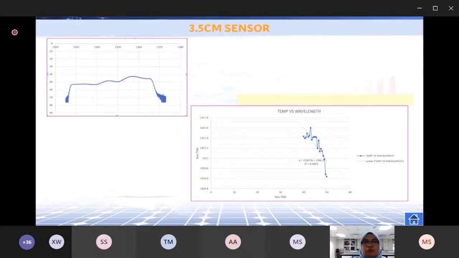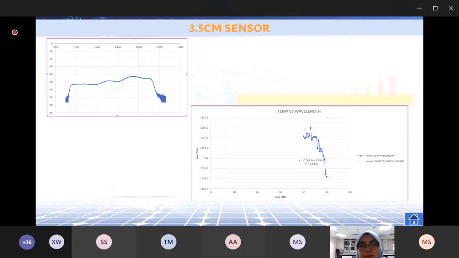Okay, and this one is for the 3.5 cm sensor. We can observe here that there is a shift of wavelength different from the 1.5 cm sensor. It may be because the longer the sensor that I fabricate, the more disturbance we give to the structure itself.